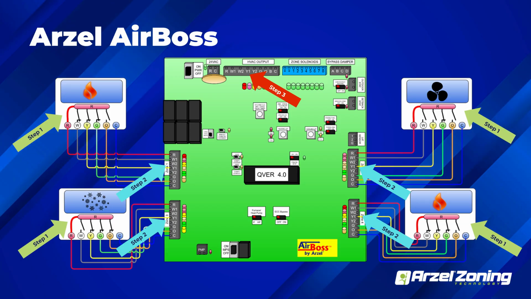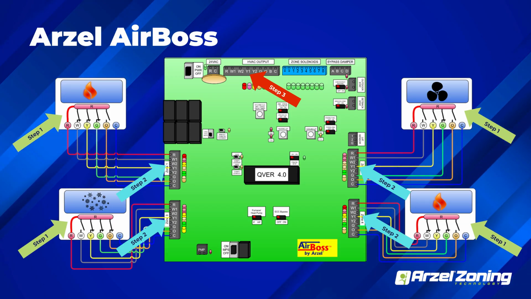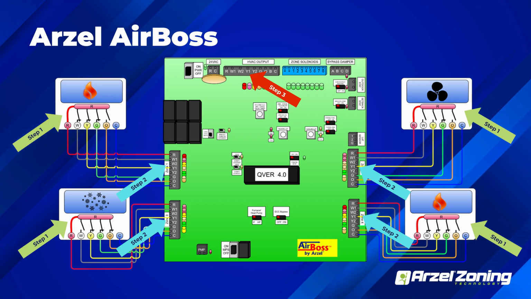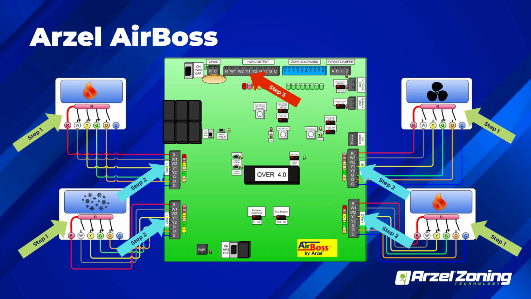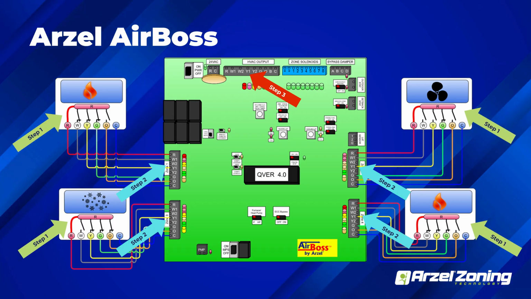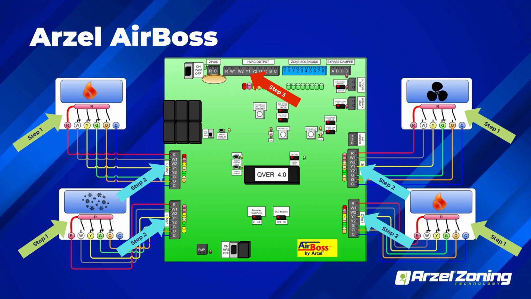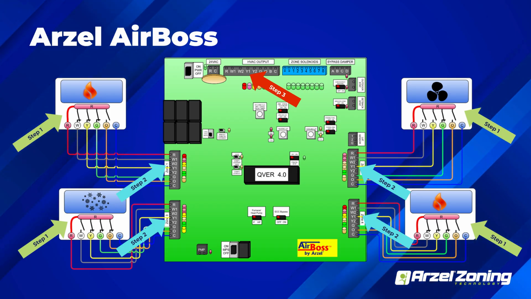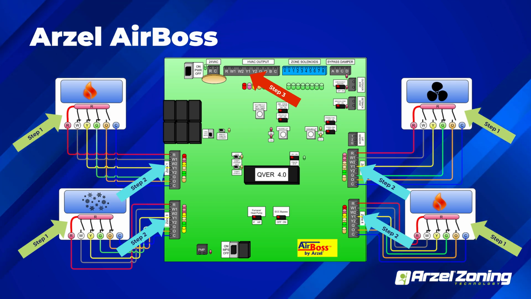So instead of trying to wrap our head around 4 thermostats, we can focus on one thermostat at a time, verify it's doing what it says it's doing, verify the board is receiving it, and then we can move to the next thermostat. Once that one is verified, we move to the next, and the next. And once those are verified, we now move to our HVAC outputs, which are the thermostat in relationship to the equipment.